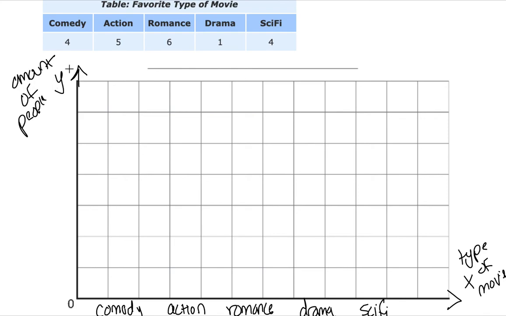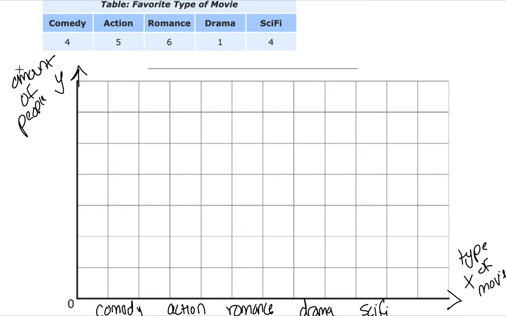You have to be careful when you're creating the scale for your y-axis. Remember, a graph doesn't always have to go by ones. I could have 0, 2, 4, 6, or 0, 5, 10, 15. Okay, you just want to make sure that all of the data can fit on the graph. So look at the biggest number that you have, and that should be near the top.